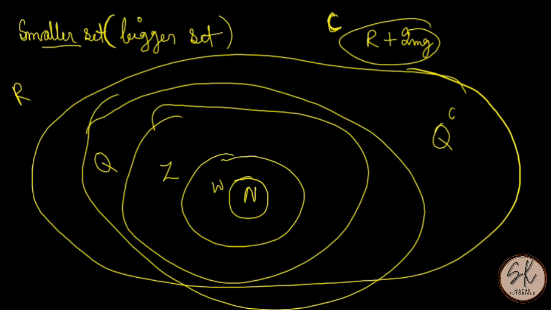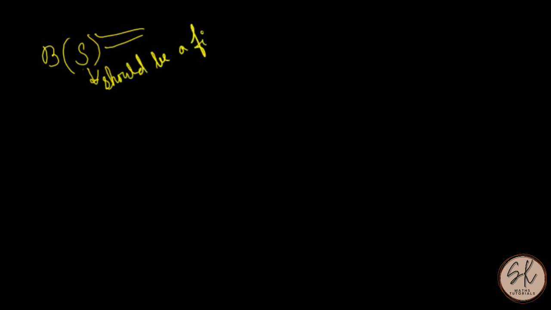So whenever we have a smaller set over a bigger set, this is not going to form a vector space, but the converse will. If there is a bigger set and a smaller set, then only this is going to form a vector space, and also the smaller set should be a field.